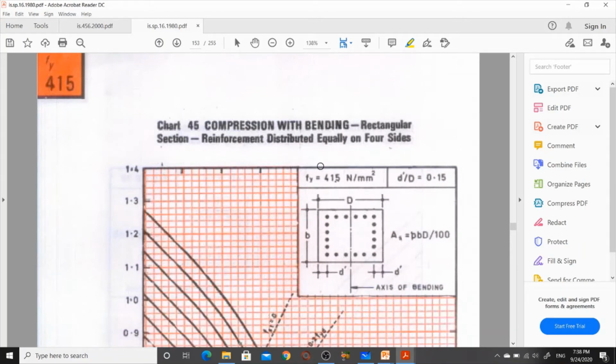Here Fy is 415, d dash by D is 0.15 on four sides. So what do we have to do?